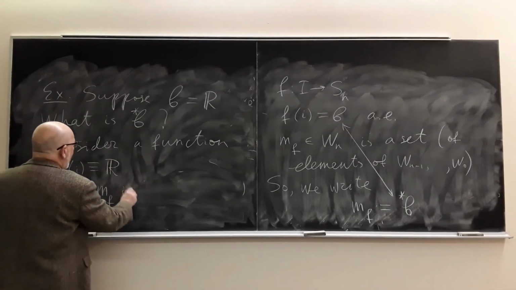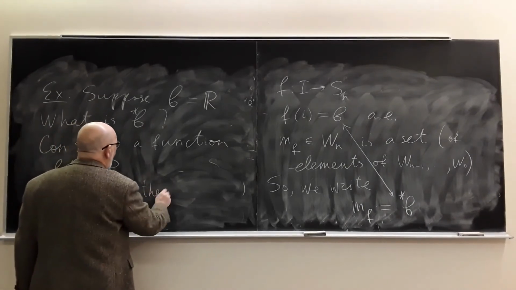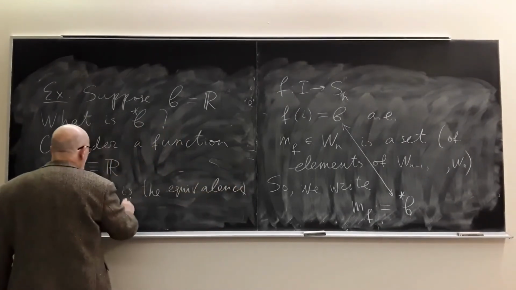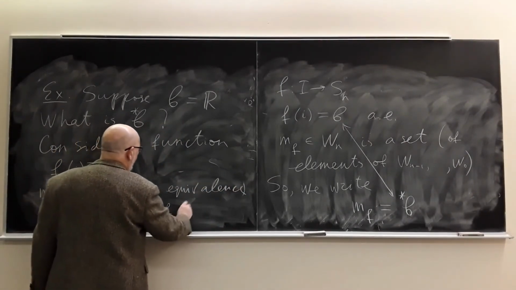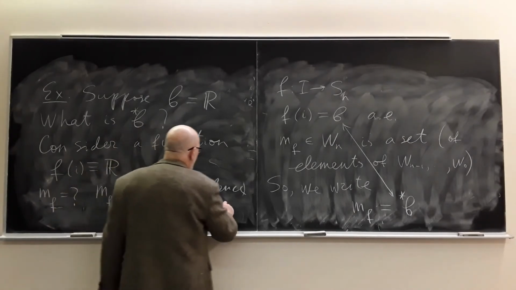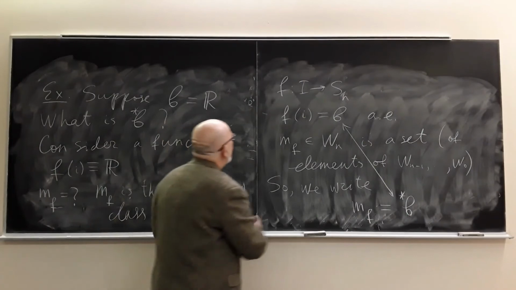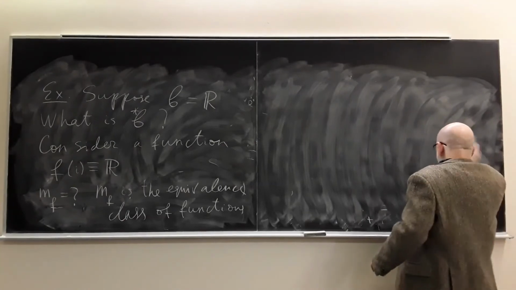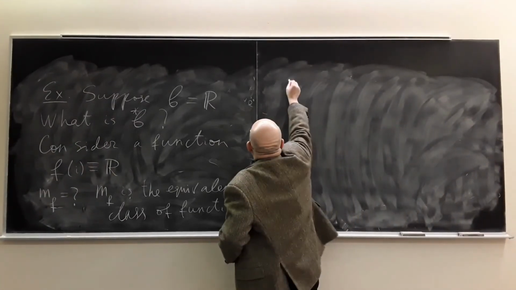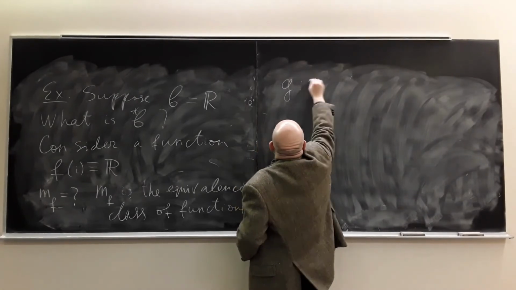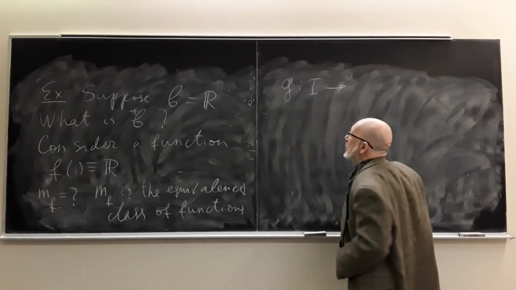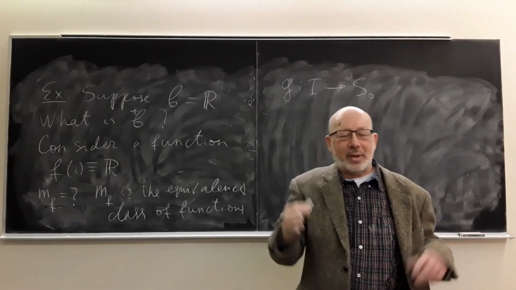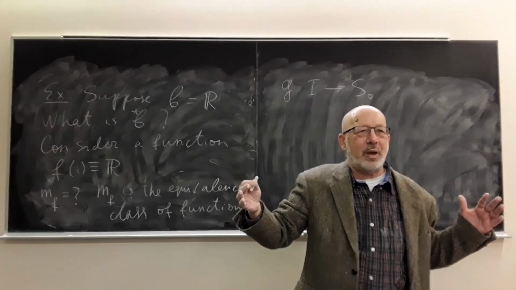MF is the equivalence class of functions G from I into S0. Now S0 contains as a part the set R.